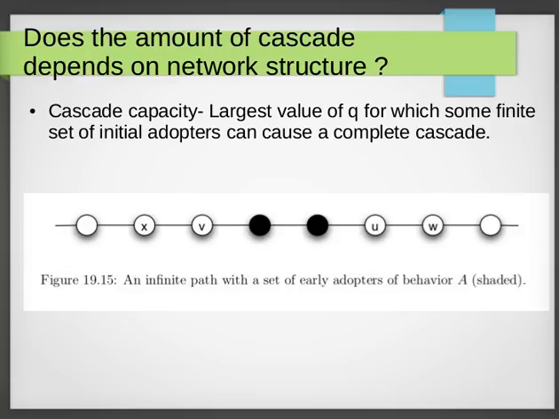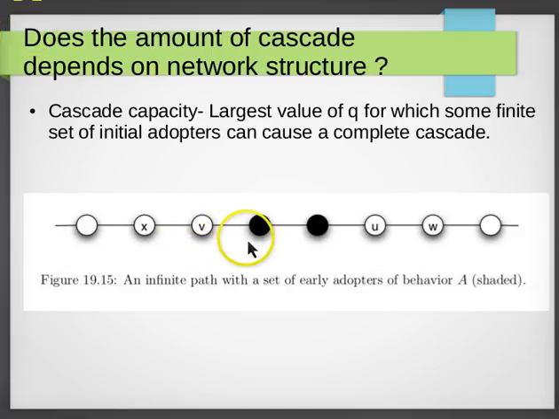Look at the network shown in the figure. Here all the nodes have technology B, but the two nodes shown in dark black have adopted technology A. Now let us say the value of the threshold is less than or equal to 1/2.